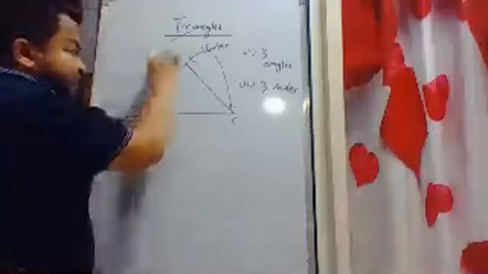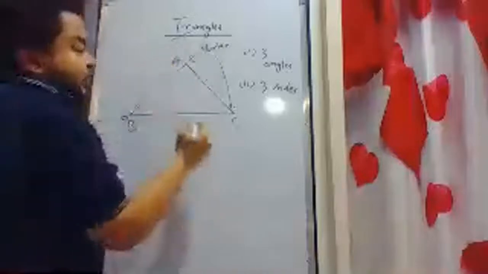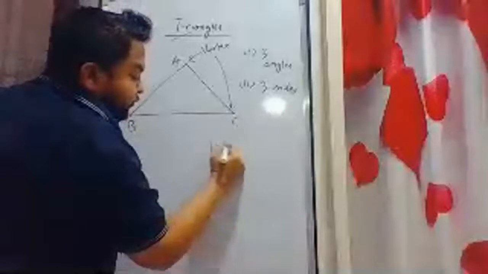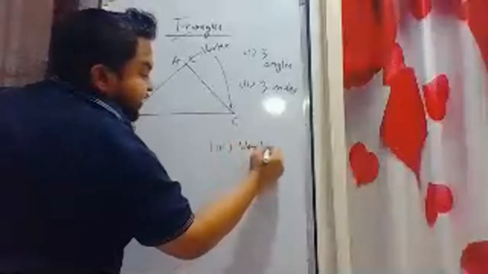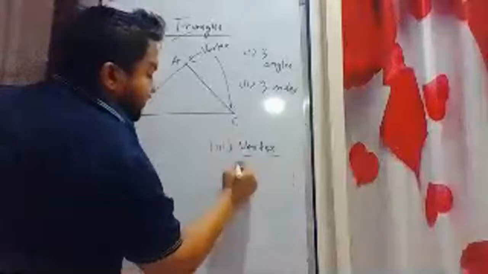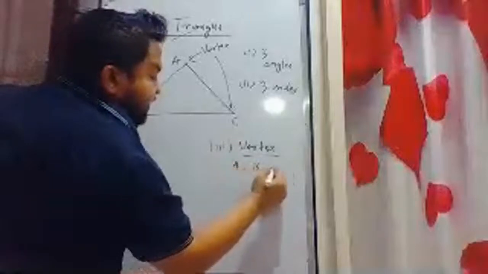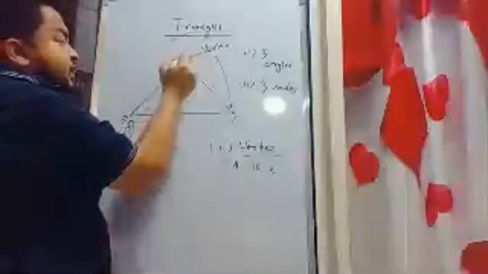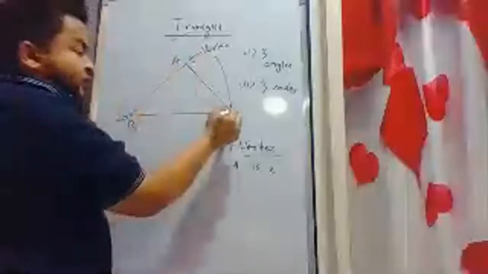So in this triangle ABC, there are three vertices also. The three vertices are A, B, and C. So I repeat, vertices are nothing but the limiting points of a triangle.